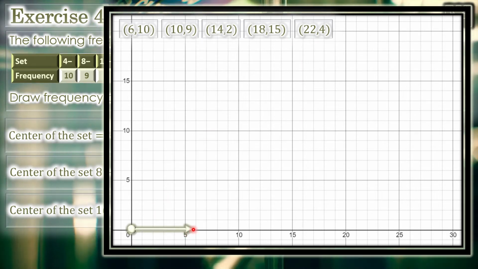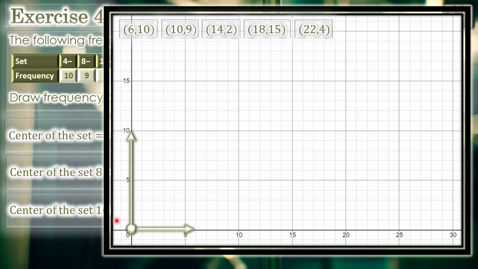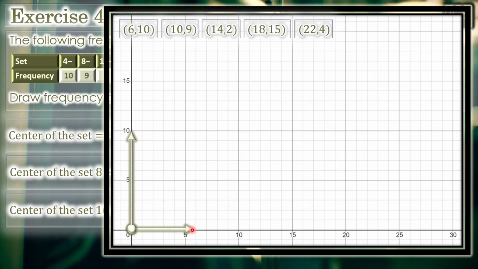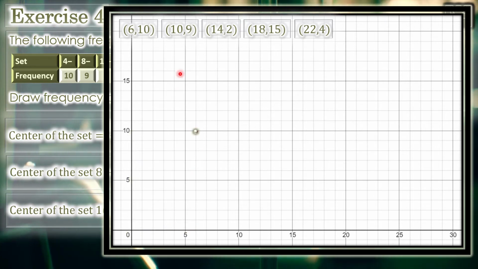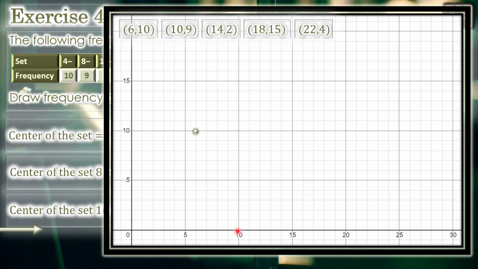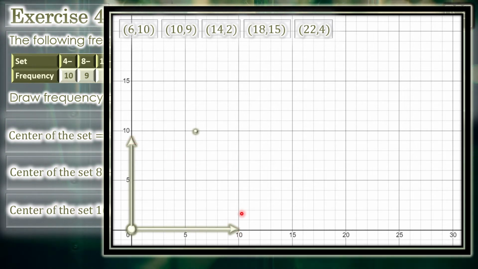6 here on the horizontal, or 6 on the x-axis, and 10 on the y-axis. Okay, the point will be here. Now 10 on the horizontal and 9 on the vertical. We'll move to 10, then to 9, and the point will be here.